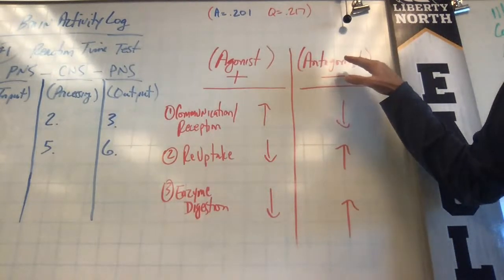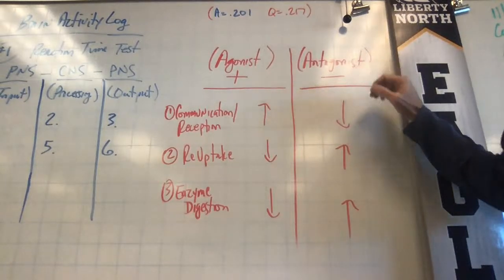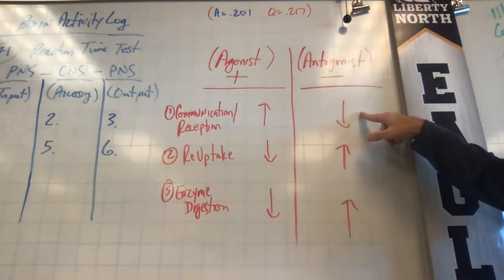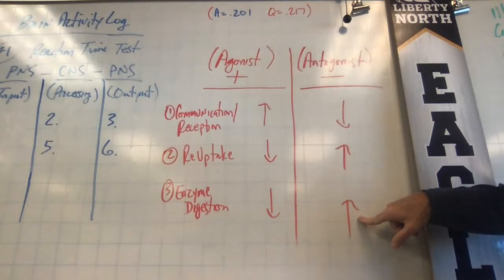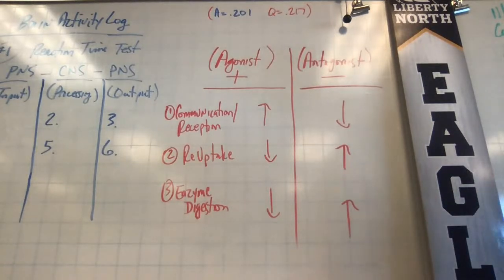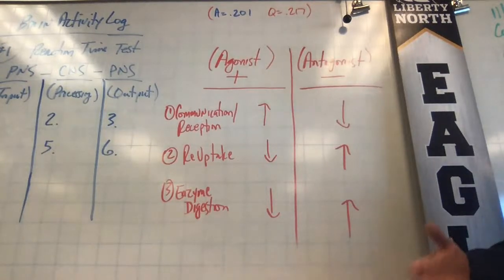To decrease it, the antagonist mechanism, I'm going to decrease reception and communication, increase reuptake, and increase enzyme digestion. I could do one, two, or three of the three. The general rule is that if I work on just one, I'm possibly not going to have as many side effects.